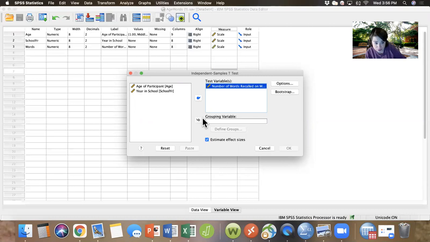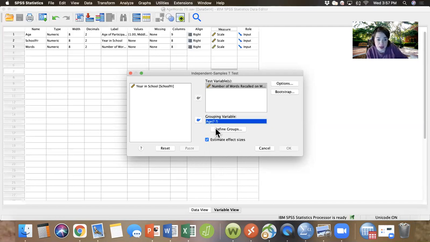And then our grouping variable is going to be our independent variable or our categorical variable. Right? So how do we get rid of those question marks there? What do those question marks mean? Well, remember I told you anytime we have a categorical variable, we have to use that dummy coding process where one of our levels is arbitrarily designated with a number and the other level is also designated arbitrarily with a number.